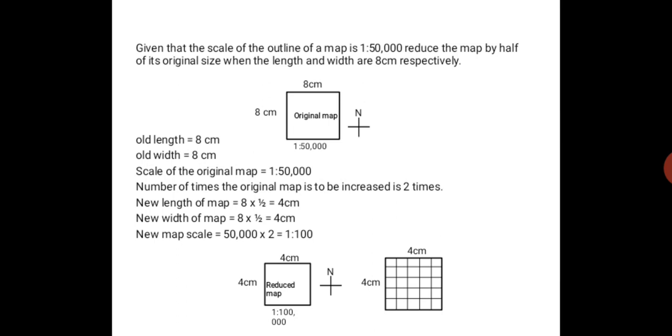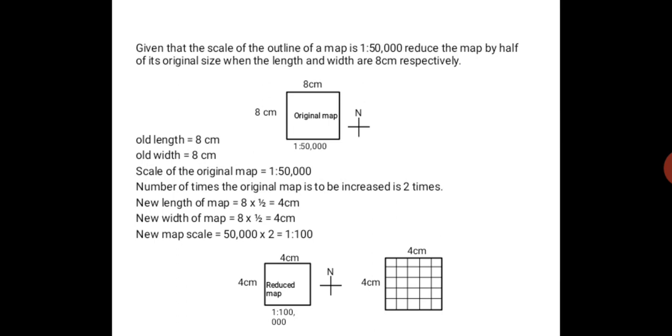Old length is equal to 8 centimeters. Old width is equal to 8 centimeters. Scale of the original map is what? 1:50,000. Number of times the original map is to be reduced is by 2. That is 2 times. Now let's have a new length. The new length will now be 8 times 1/2.